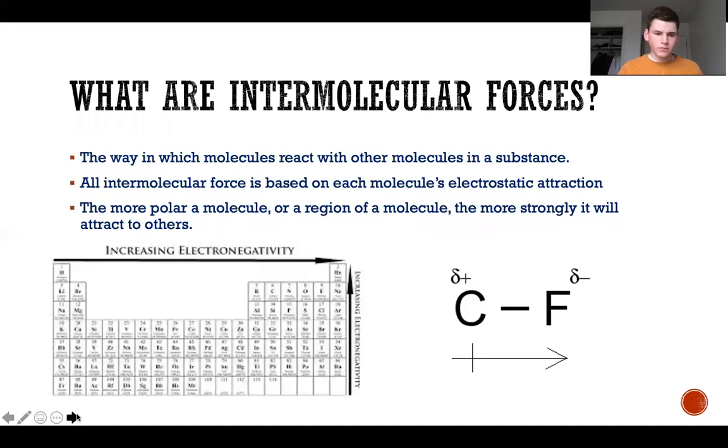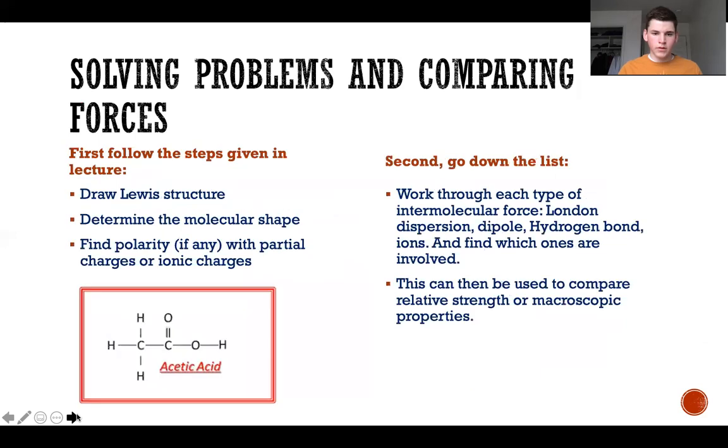And so going back to our example here, acetic acid, we know that carbon and hydrogen bonds are nonpolar. They fall within that 0.4 and under difference. But if we look at this oxygen and carbon and this oxygen and hydrogen, we know that oxygen is super electronegative.